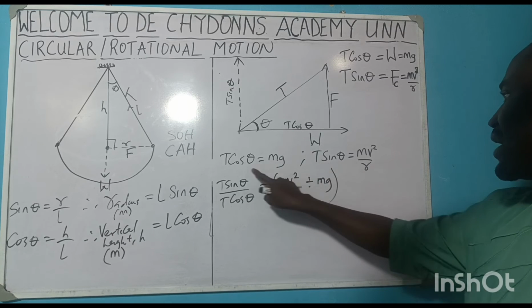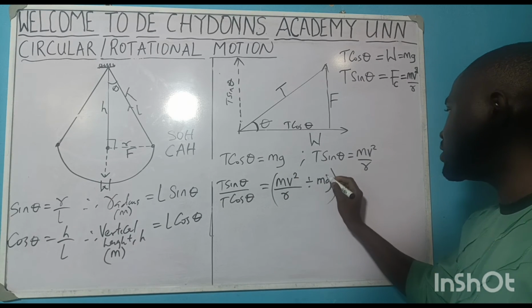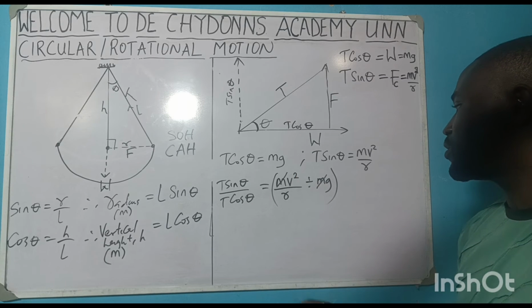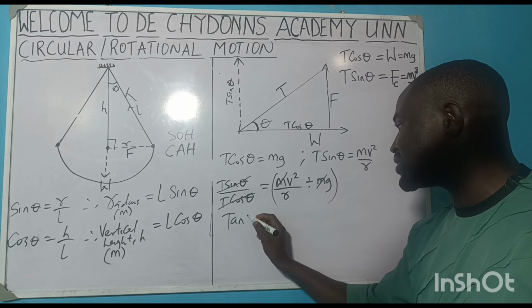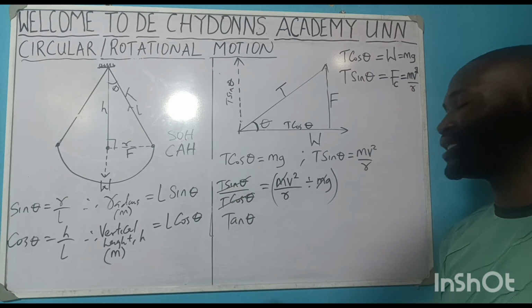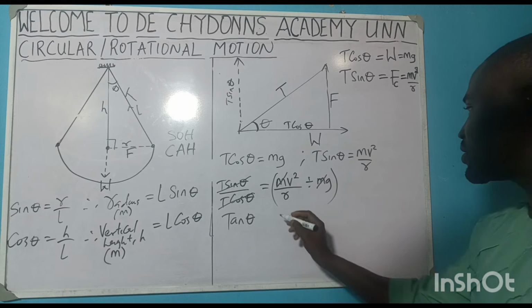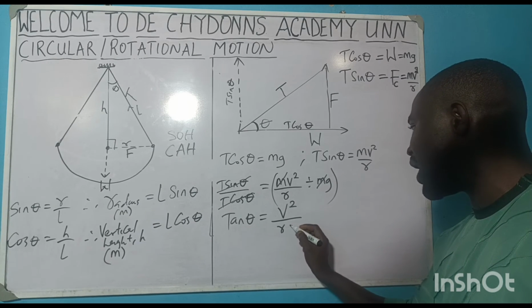I kept this divided by this, and I also kept this divided by this. Here, T cancels T, and m cancels m, giving you tan theta, because sine theta over cos theta is tan theta. Equals v squared over rg.